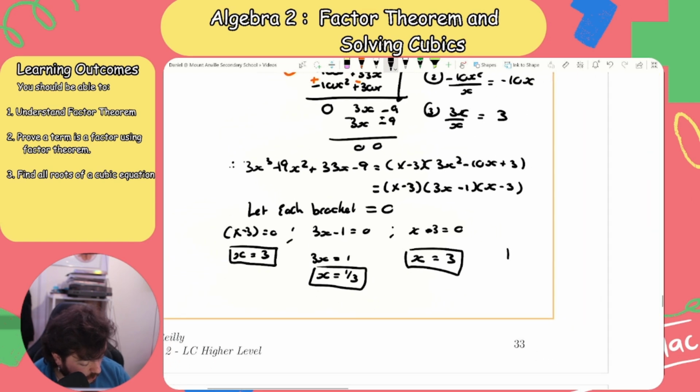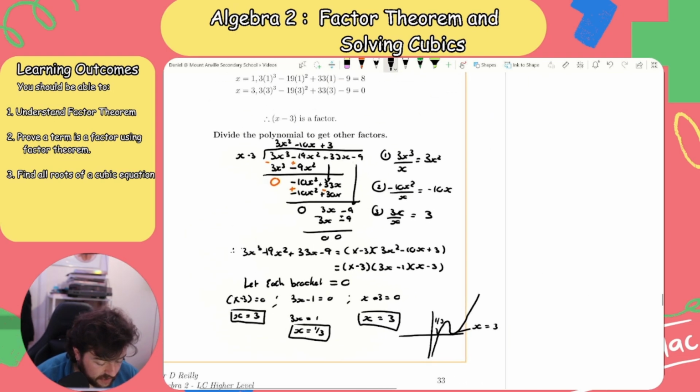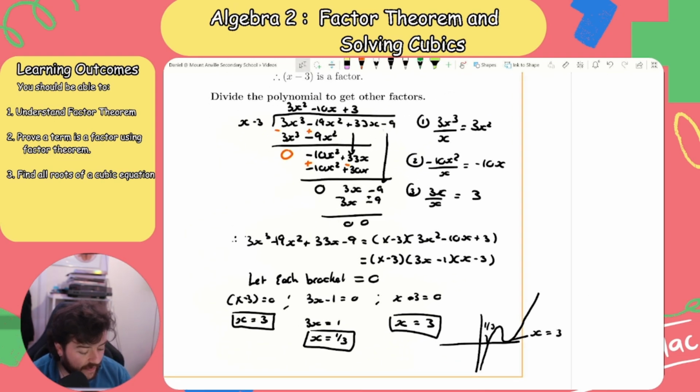We're going to do more in this next section, but it's going to look something like this, because it crosses at x is equal to 1/3 and it repeats at x is equal to 3. So they are my 3 solutions to that cubic equation.